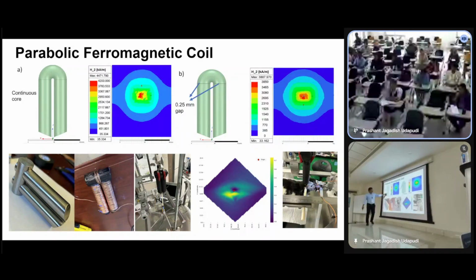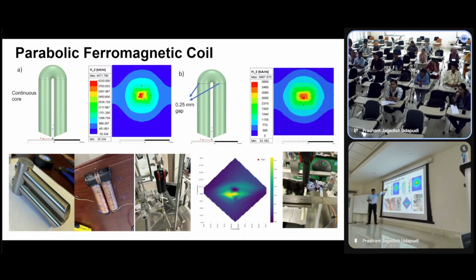Now, how do you make this structure? You have to take a bar, machine it in a V shape, bend it like this, right? But the magnetic material that has high permeability will not bend like this. Look at the curvature. It's impossible to bend unless it's gold or very malleable or ductile, right?